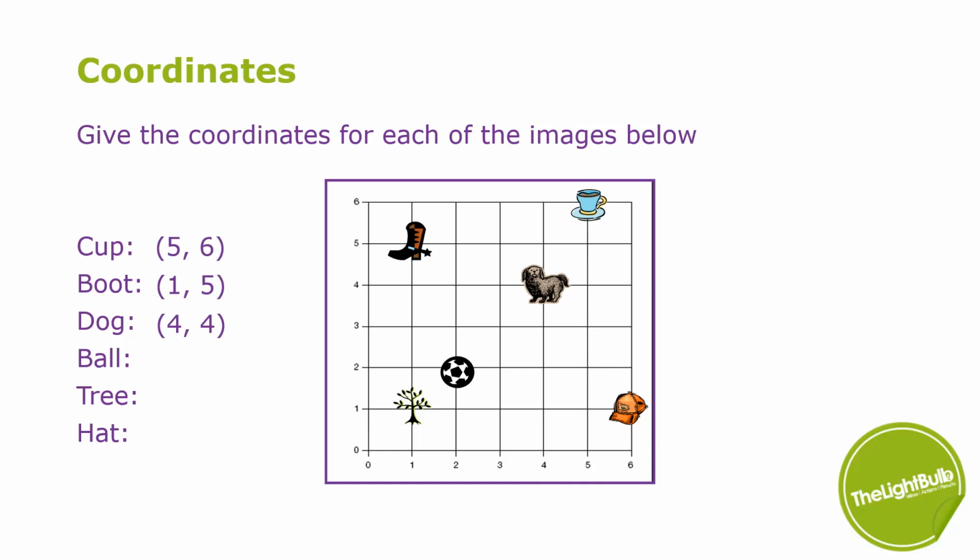The ball, similarly straightforward, is at 2, 2, and the tree also straightforward at 1, 1. And then finally the hat, just to get you thinking again, is 6 along and 1 up. So that's 6, 1. If you've got all of those, well done. Give yourselves a pat on the back, and we're ready to move on. So very good.